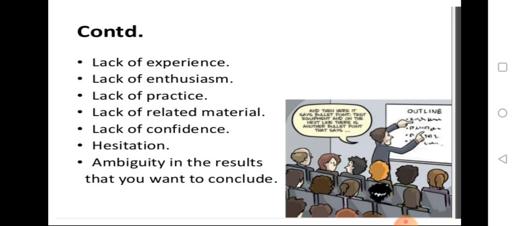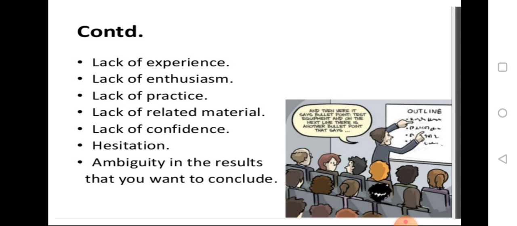If it is not engaging, if the audience is not showing any kind of interest, it may be due to the lack of experience of the speaker who is presenting, lack of enthusiasm, lack of practice, lack of related material, lack of confidence, hesitation of the speaker, and then ambiguity in the result that you want to conclude.